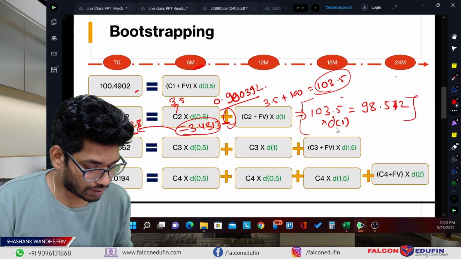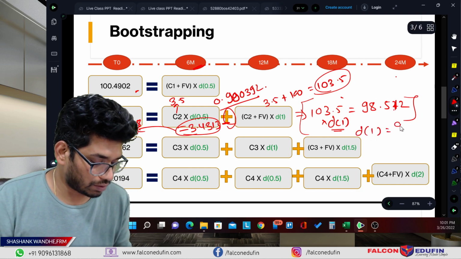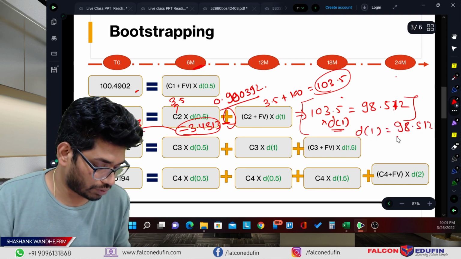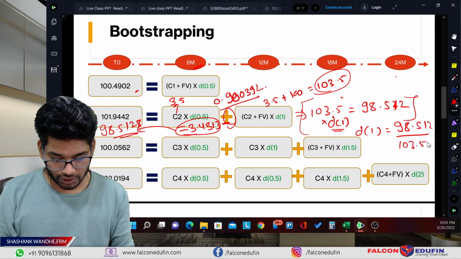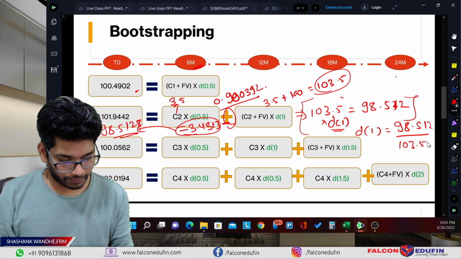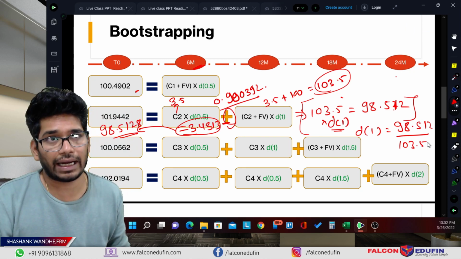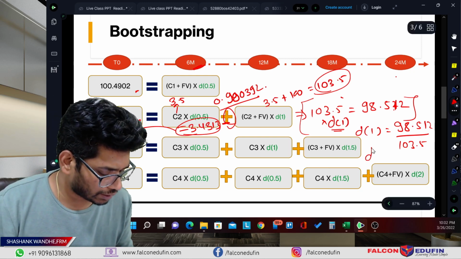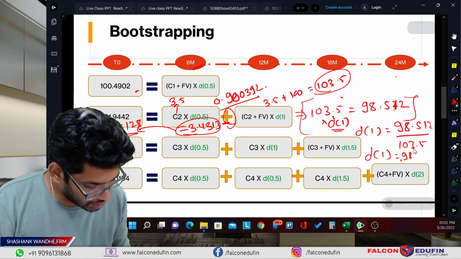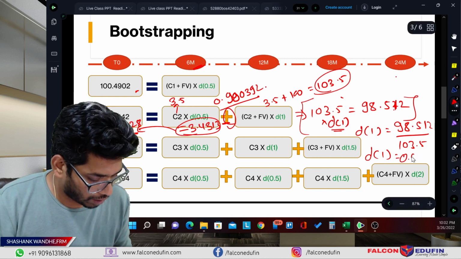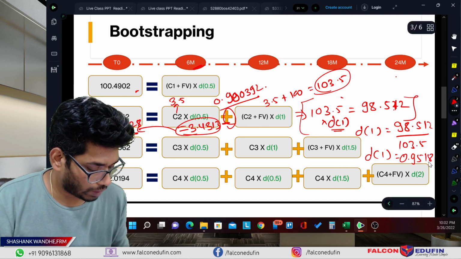So to solve this for D1, you have to simply use D1 is equal to 98.512 divided by 103.5, and answer is 0.951814.